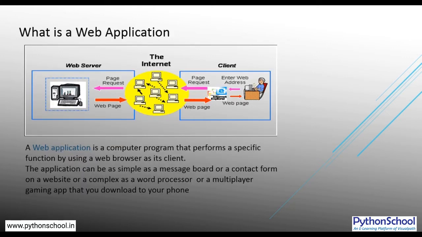So basically if we see in this diagram, it is showing a web server which is capable of getting a request, handling the request, and giving a response with a web page. And on one side there is a client which is capable of requesting the page and getting the web page as a response from a server.